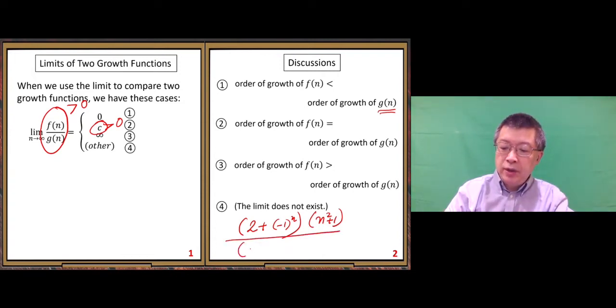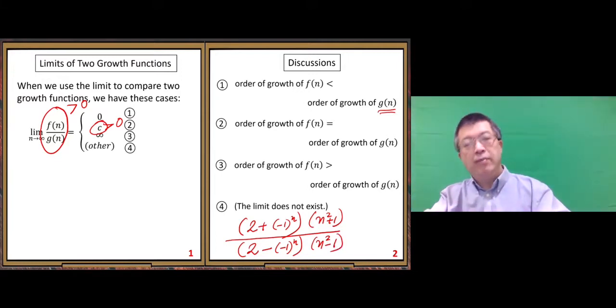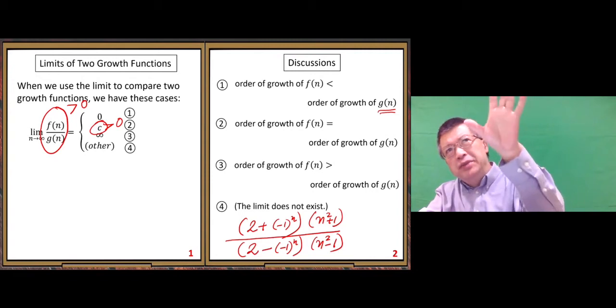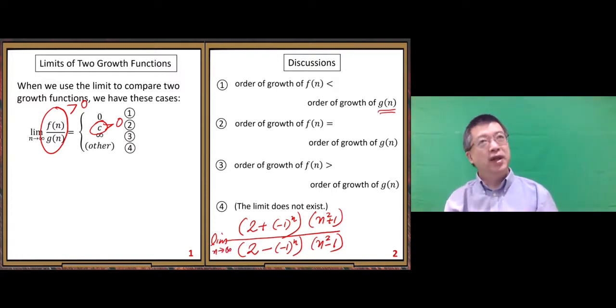Denominator function, 2 minus 1 to the nth power, times n squared minus 1 function. Can you see the limit does not exist? Can you see that?